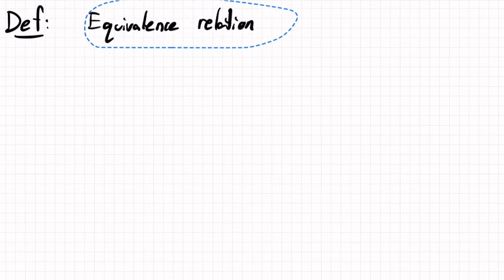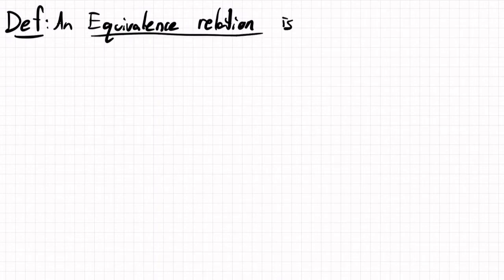Here's another definition. The definition is an equivalence relation. An equivalence relation is, well, we're given a set, so it's an equivalence relation on a set.